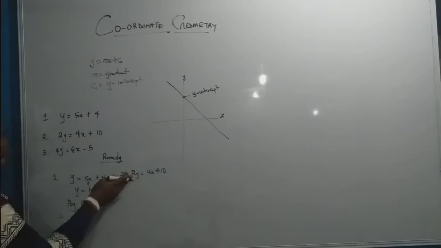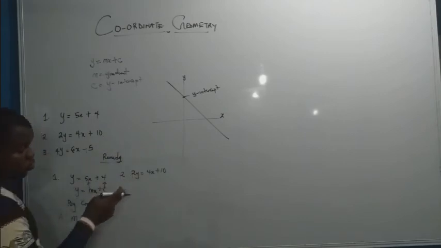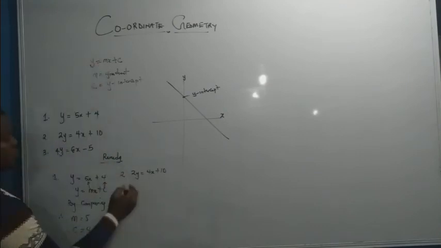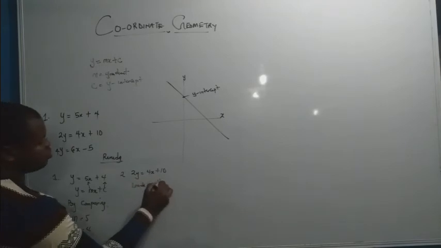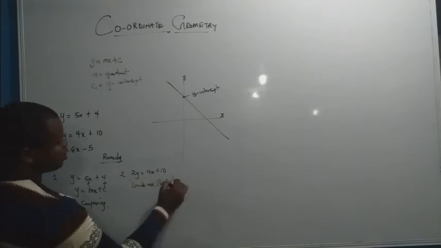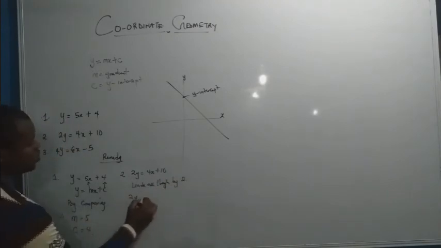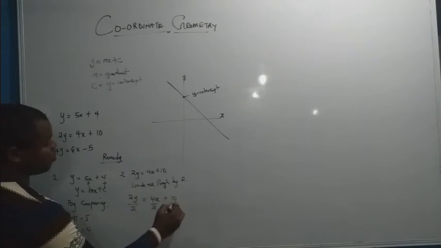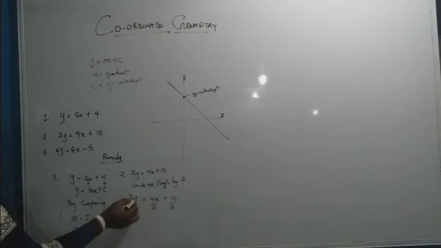You divide all through by 2 for your y to stand alone. So divide all through by 2. So you have 2y over 2 is equals to 4x over 2 plus 10 over 2. So what do you have now? These two 2s will cancel.